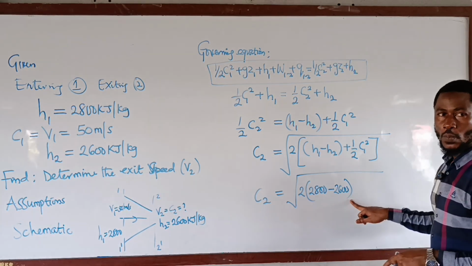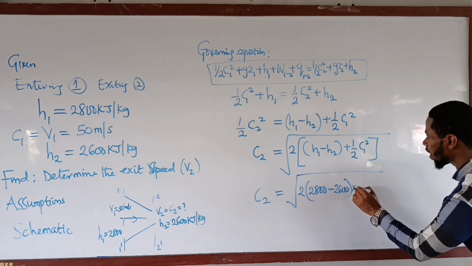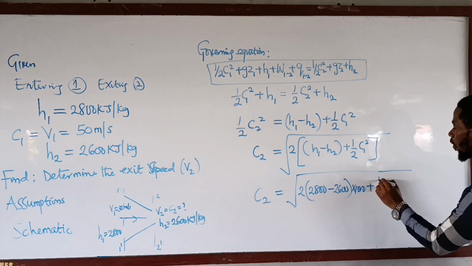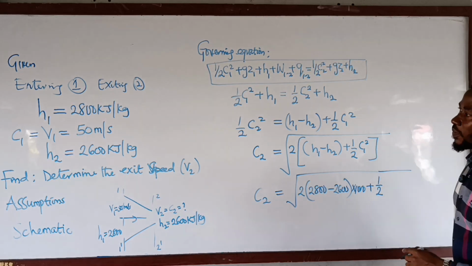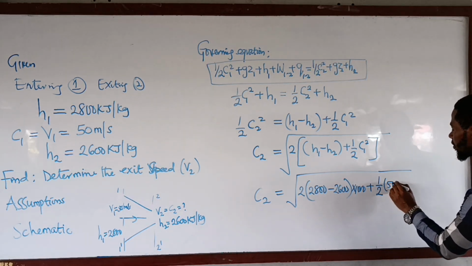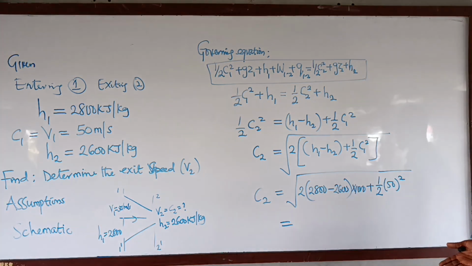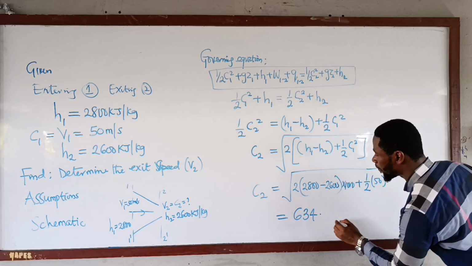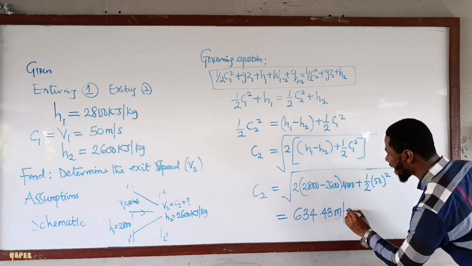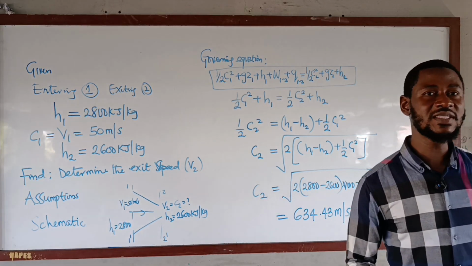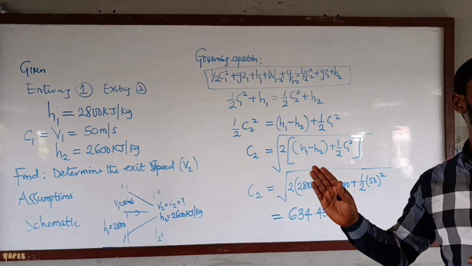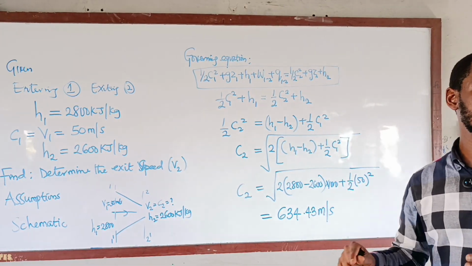Remove the kilojoule out of this, multiply it by 1,000, plus 1/2 the inlet velocity, which is given as 50 squared. The final answer becomes 634.43 meters per second.